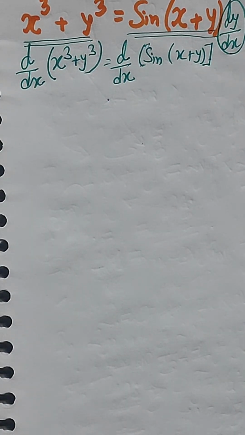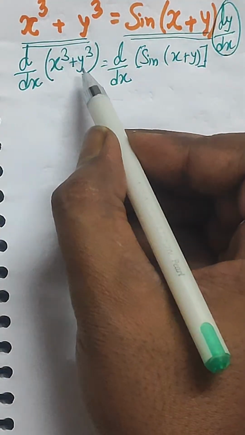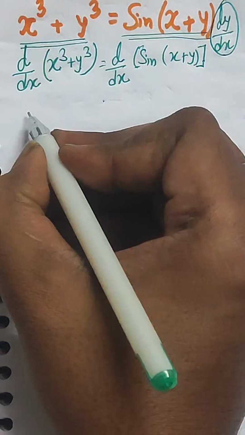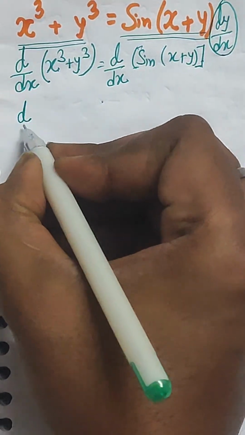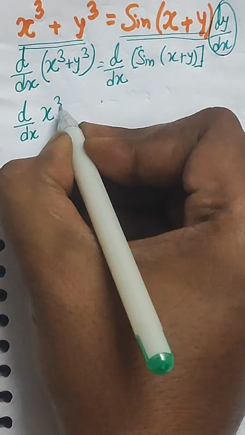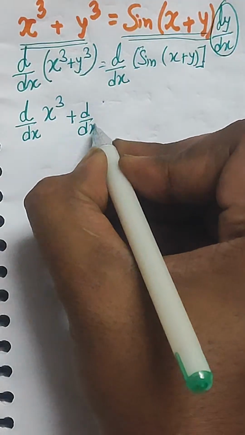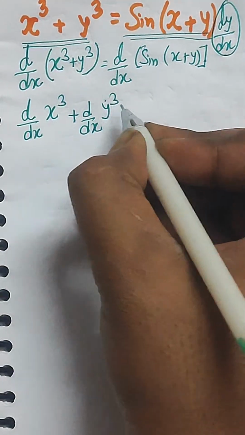Now you can see this d by dx of x cube plus y cube can be written as d by dx of x cube plus d by dx of y cube.